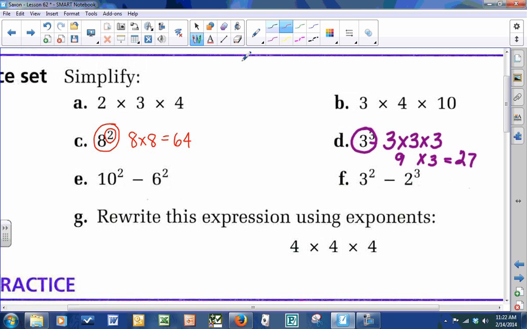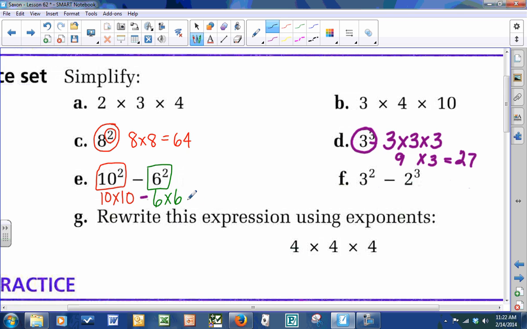All right, let's solve an equation. 10 squared right here means I write 10, and the 2 tells me I write it 2 times. And then 6 squared right here tells me I write the 6, and the 2 tells me I write it 2 times. And then I'm going to subtract.